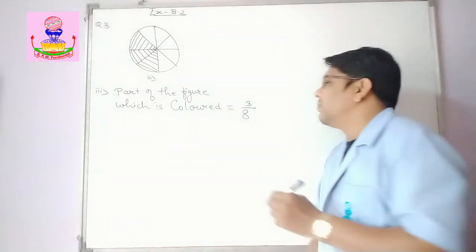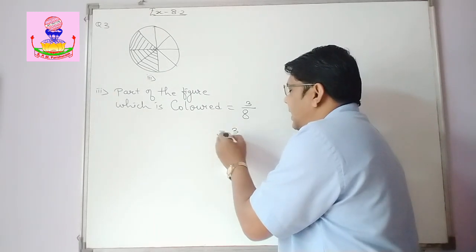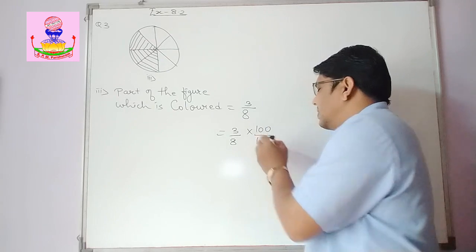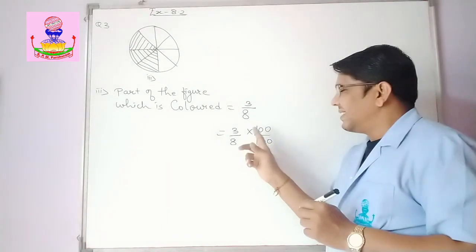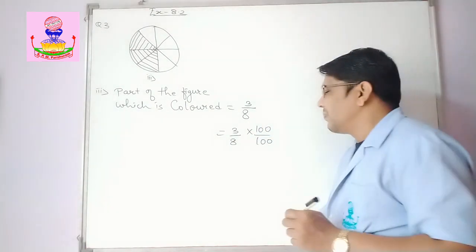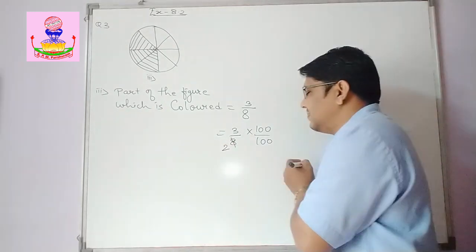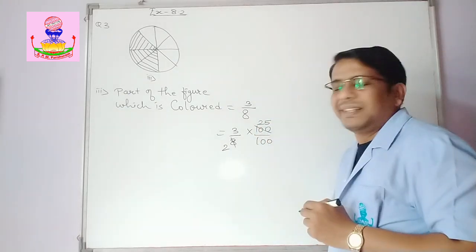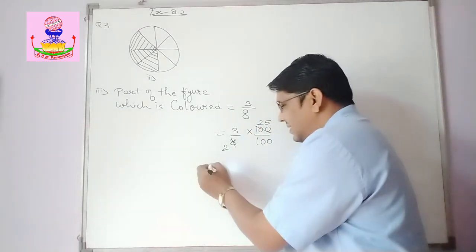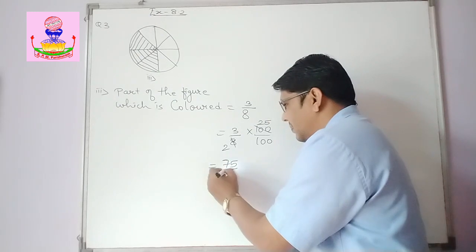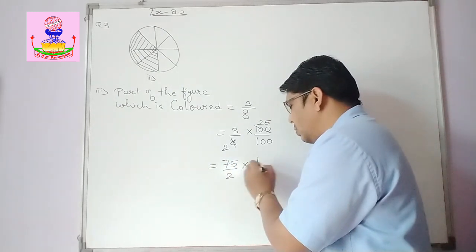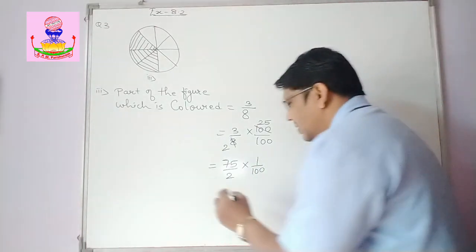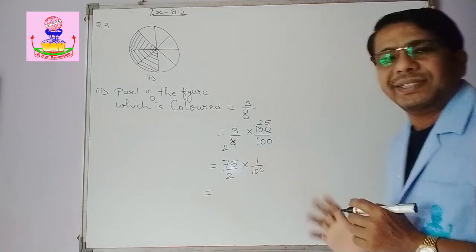And we want to now convert it into percent. Now we know that 100 is not a multiple of 8. So what do you do? Multiply and divide by 100. Keep this 100 as it is. Use this for reduction. Okay. So 4 2s are 8, 4 25s are 100. Now 25 3s are 75. 75 upon 2 into 1 upon 100.